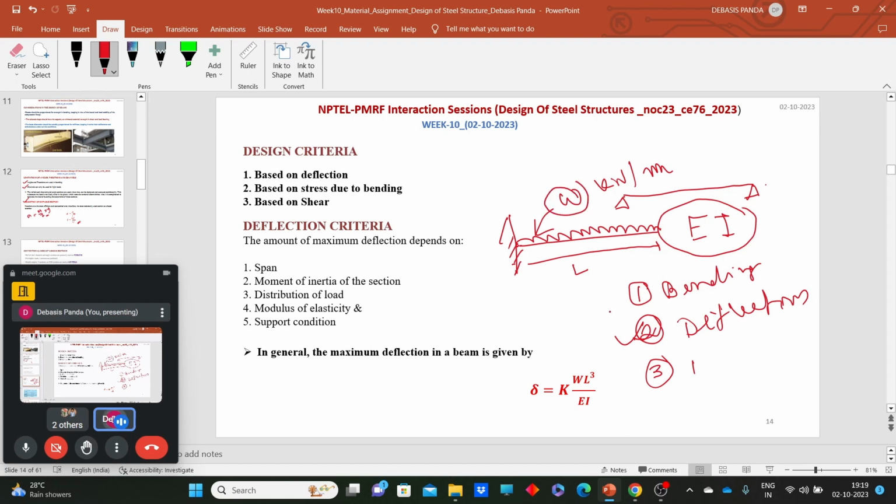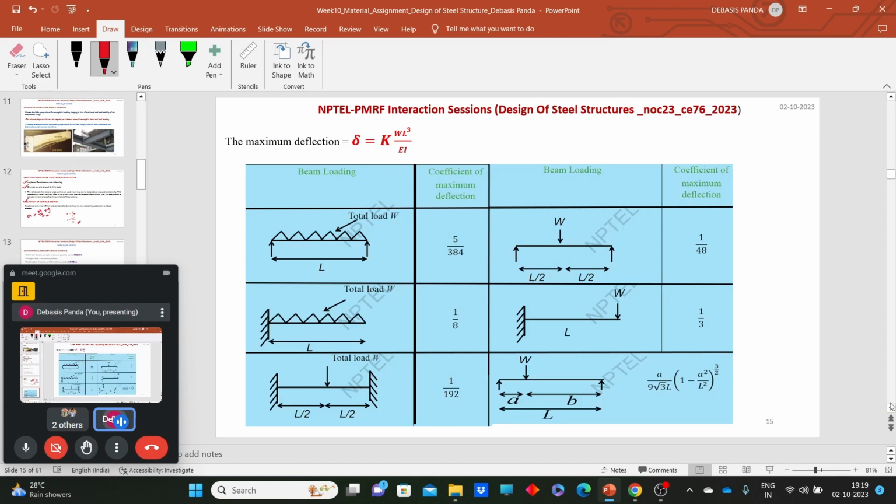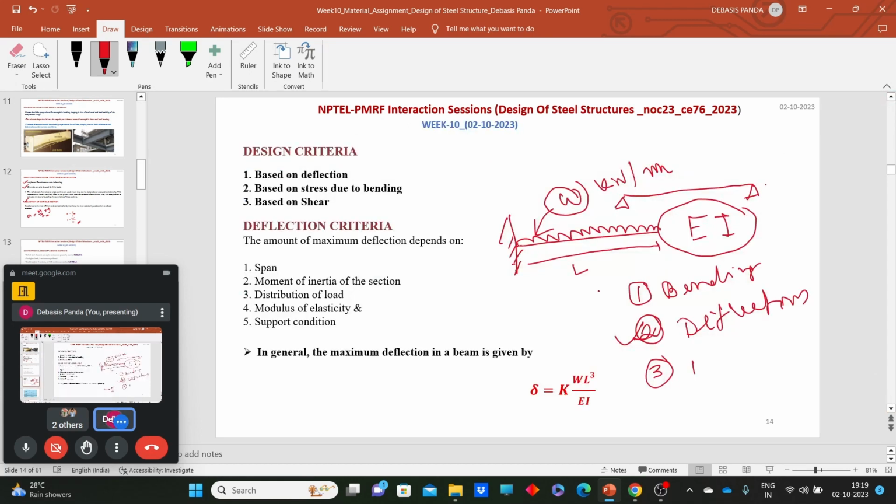For different kinds of load arrangement, we can calculate the different maximum values of deflection. For this cantilever beam, the maximum deflection, delta max, will be WL⁴ by 8EI.